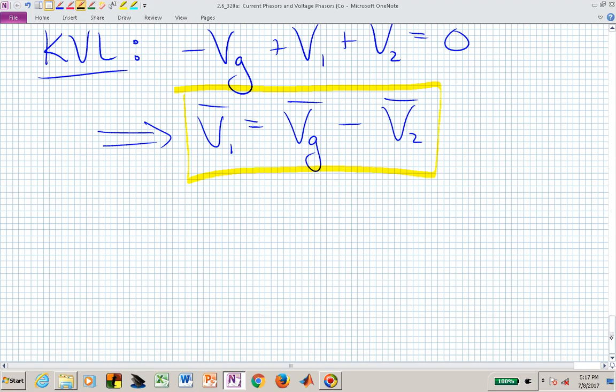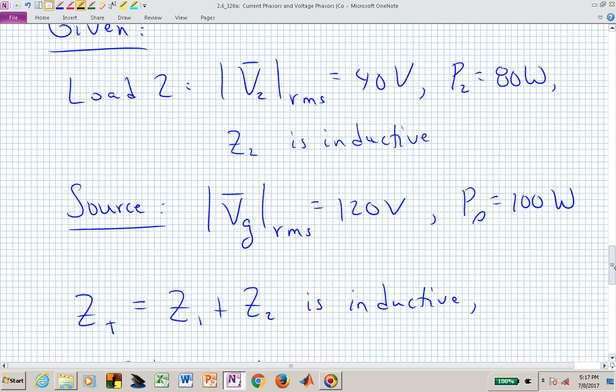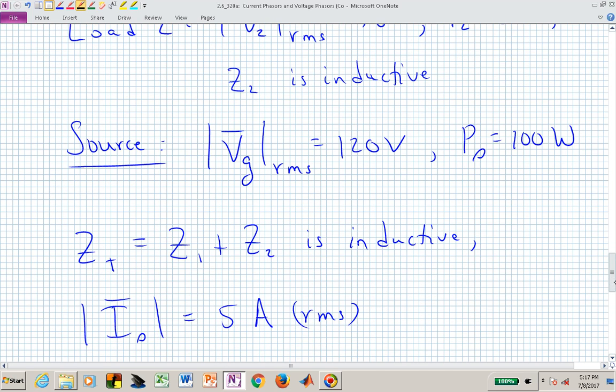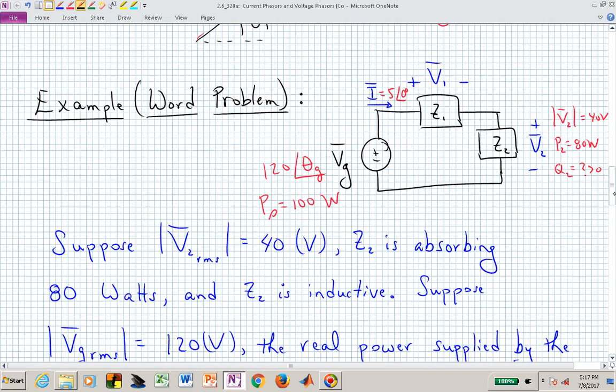All right, now I need to go back and figure out what I have. I have the magnitude of V sub 2, and I have the magnitude of the current, and I have this particular connection. But now what does magnitude of voltage and magnitude of current, those give me actually apparent power, don't they? And I have the real power of V sub 2 or of load 2.